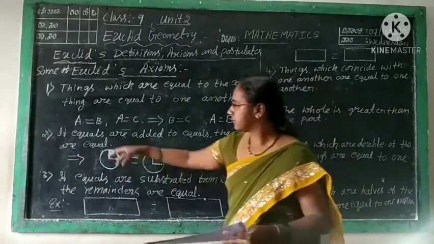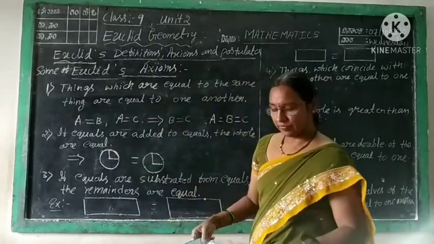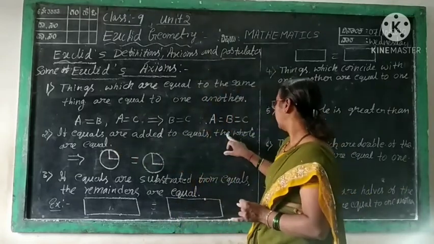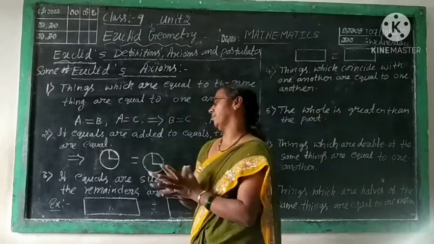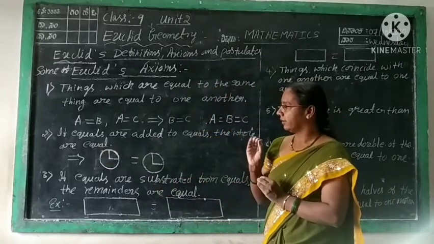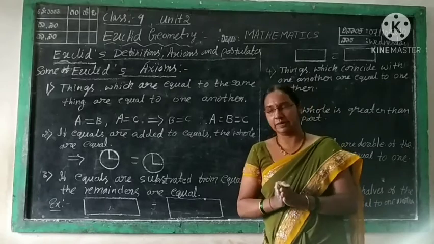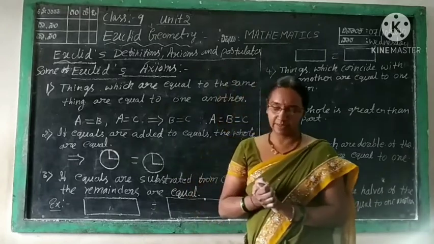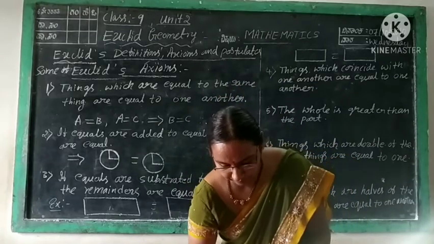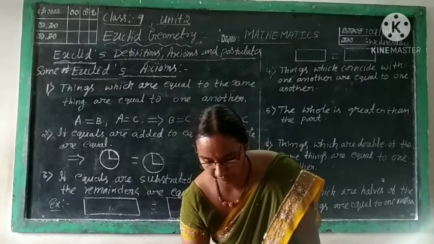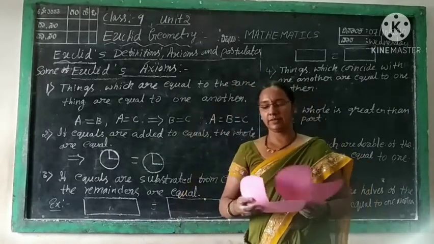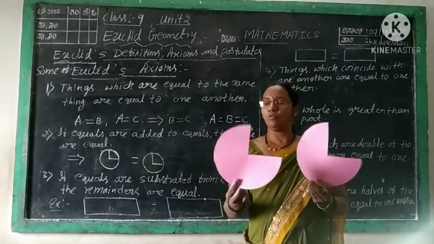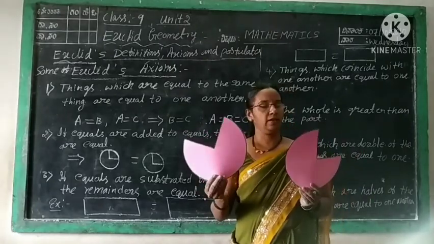Then the second axiom is: if equals are added to equals, the wholes are equal. For example, we cut two triangles into one-third fractions.